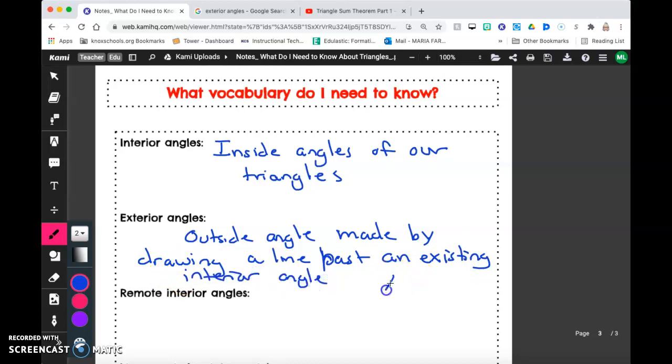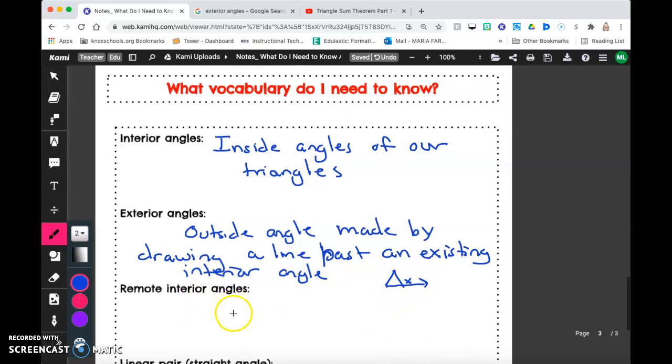So again, what would that look like if we had a triangle here? If I drew this line past that existing angle right there, then I'm making that exterior angle on the outside. Okay, that's your exterior angle.